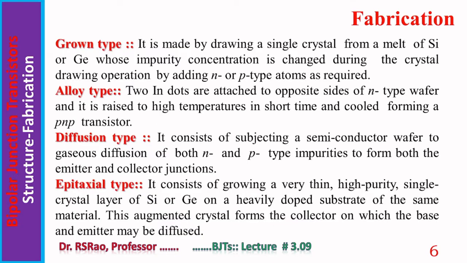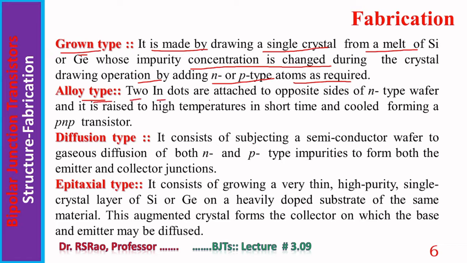A few points regarding these types. Grown type. It is made by drawing a single crystal from a melt of silicon or germanium whose impurity concentration is changed during the crystal drawing operation by adding N or P type atoms as required. Now we move to alloy type.